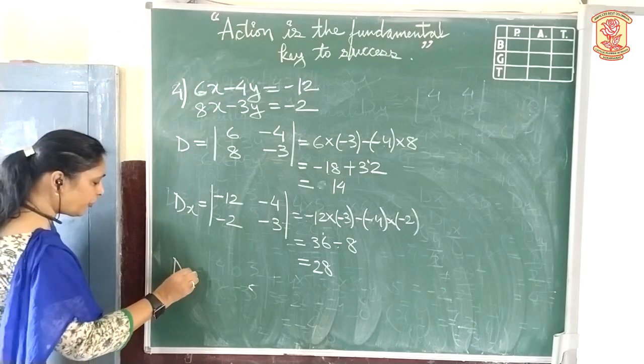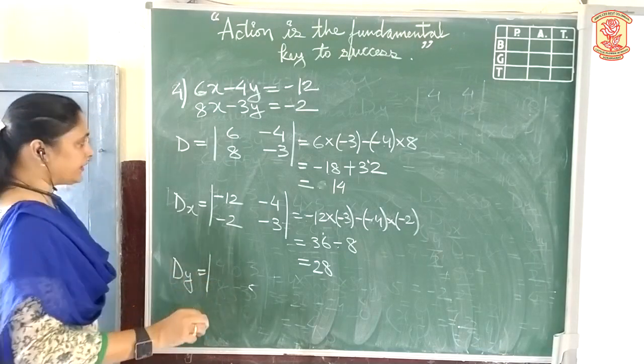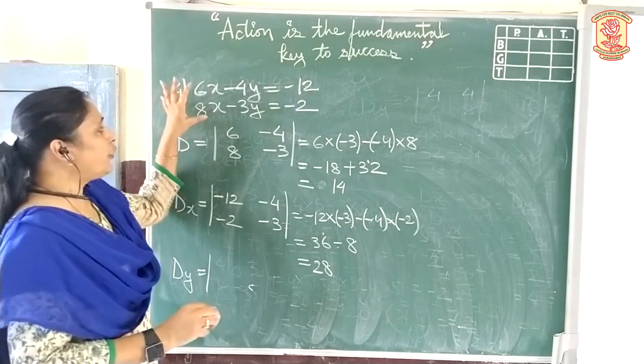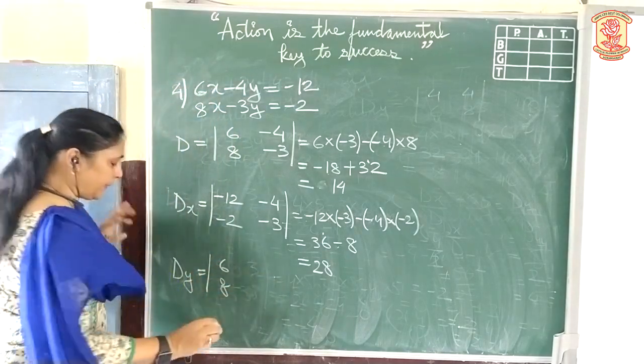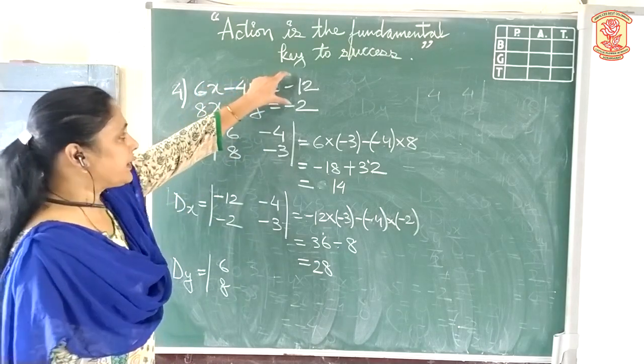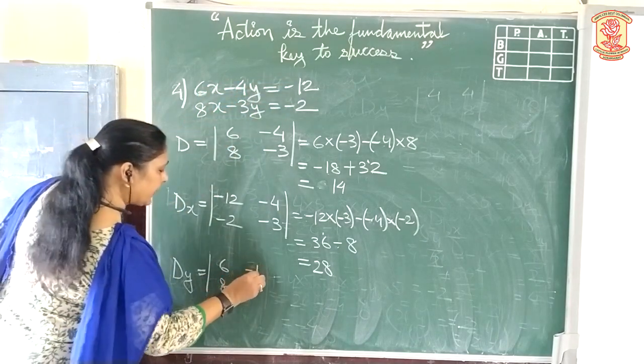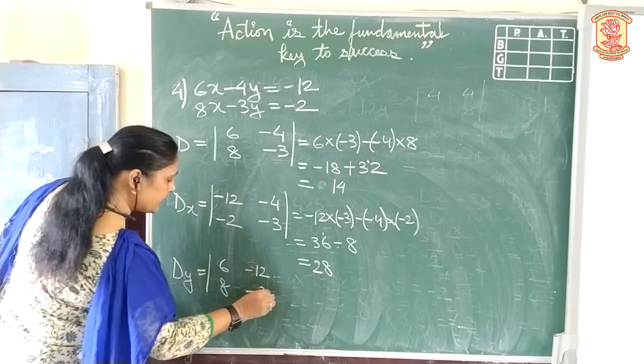The determinant for y, that is dy. For writing the determinant for y, the coefficients of x stay as they are, that is 6, 8, and in place of the coefficients of y, we write C1, C2, that is minus 12, minus 2.